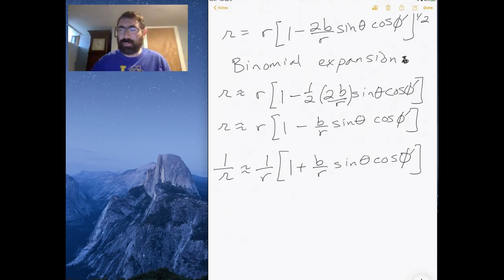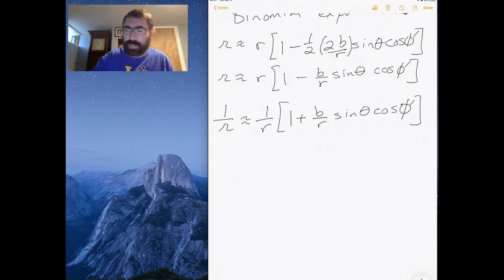Okay, so the last thing I'm going to do in this video now is take a look at the cosine of omega t minus script r over c.